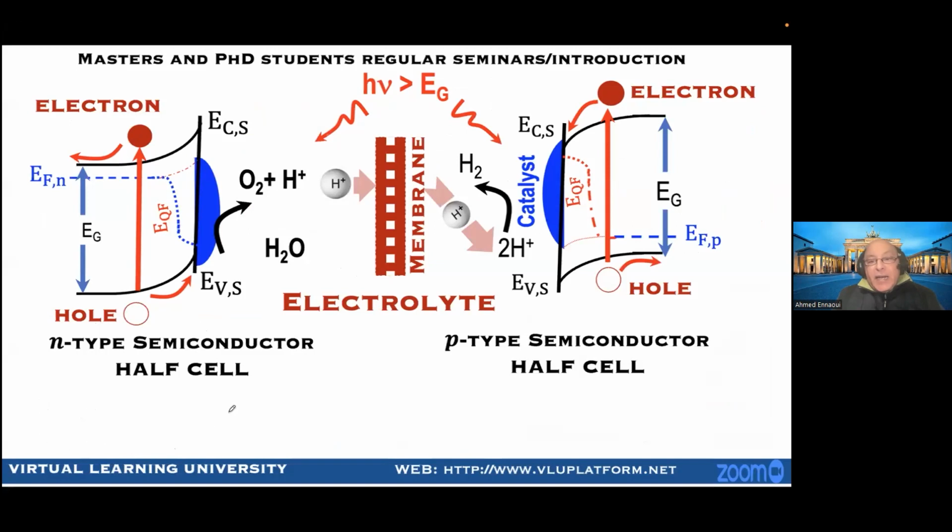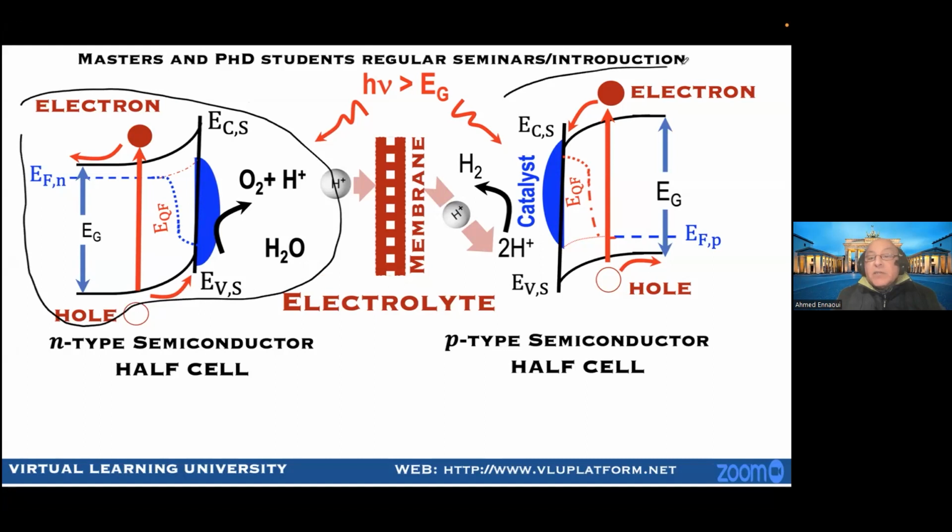I go back again, like the last time, to the photochemical solar cell. The most interesting case to produce hydrogen, imitating nature, is to use two semiconductors, one semiconductor N-type and a semiconductor P-type. And we can put them together.